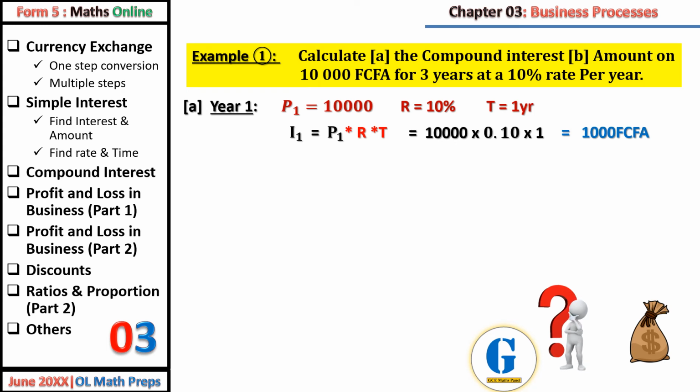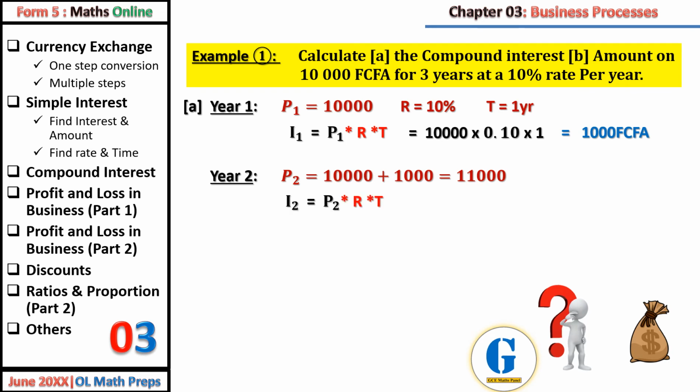Now for year 2, the principal of year 2 is given by the principal of year 1 plus the interest of year 1. That gives us 10,000 plus 1,000, which equals 11,000. Therefore, our interest for year 2 is given by P2 times rate times time, which is 11,000 times 0.1 times 1, giving us 1,100 francs.